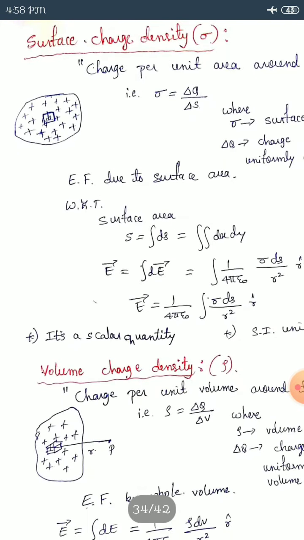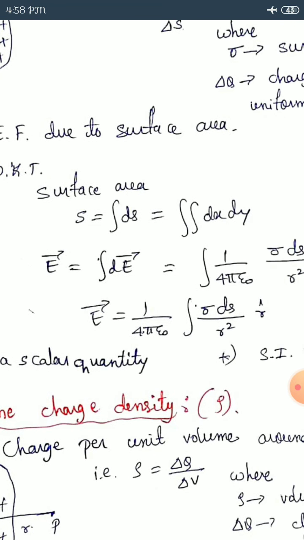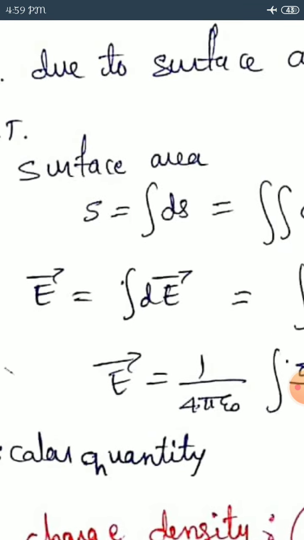The electric field due to a surface will need the surface area. Area means length into breadth, L into B. Simply, surface area S is equal to the integral of ds. What do you mean by ds? ds is a small element of area. What do you mean by S?